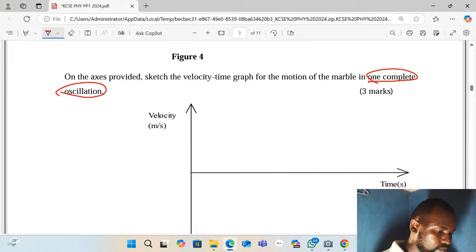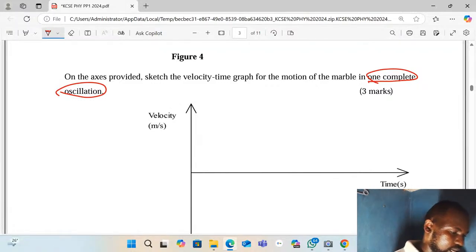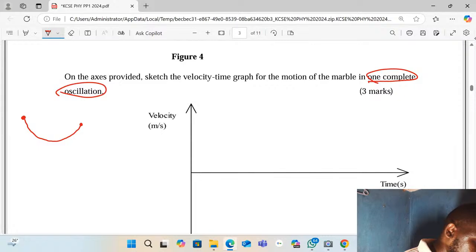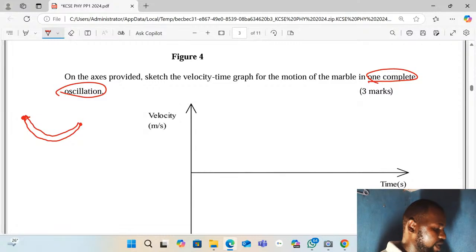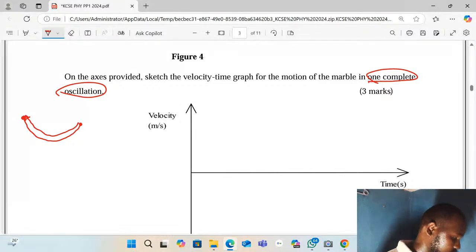Therefore, if you look at a complete oscillation, it moved from the top part of this side to the top of the other side and then went back. That is what we call a complete oscillation. Therefore, we have several ways in which you can draw one.